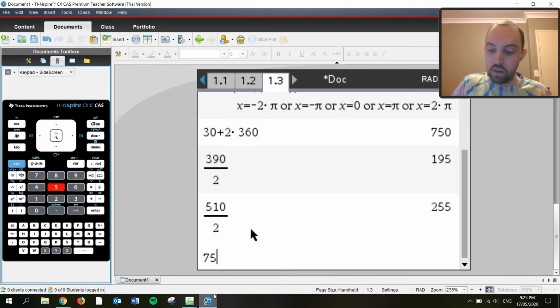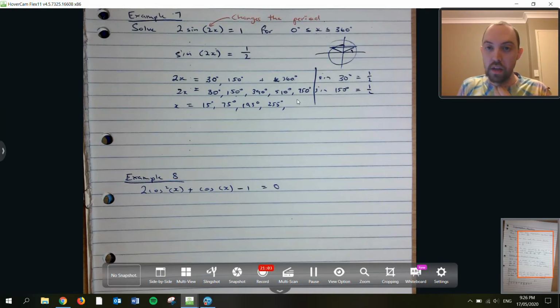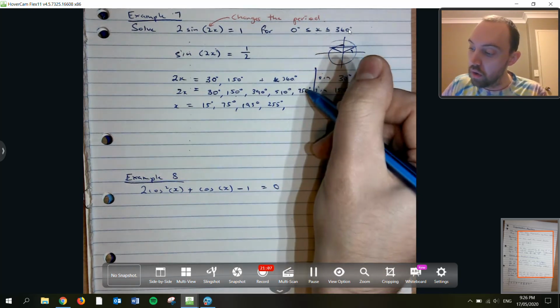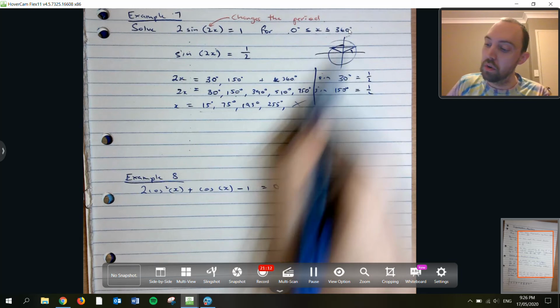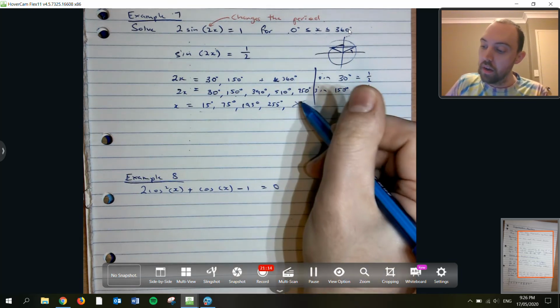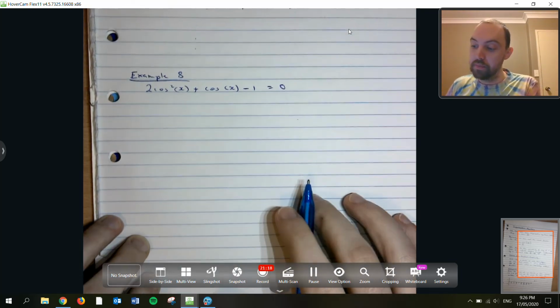And then just in case, 750 divided by 2 is 375, but that is outside of my domain, because I only want to go up to 360, so that one's not going to count. Alright, those are the only 4 solutions between 0 and 360. A little bit trickier, so we needed to go through it.